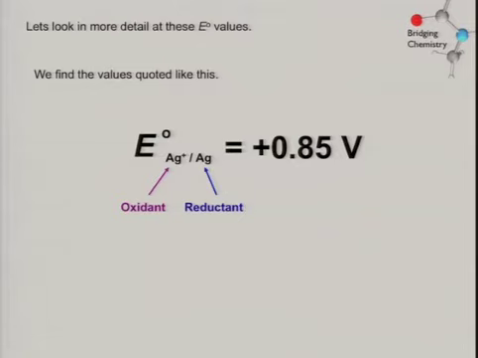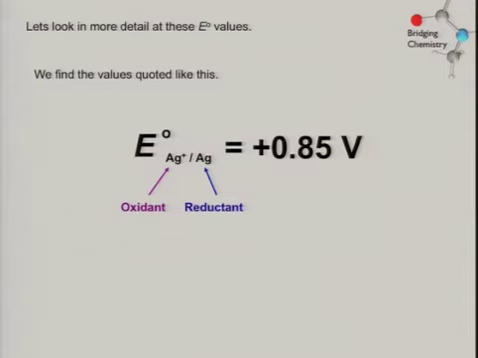And if that was the case, then the silver would be the reductant. It would be the thing that enables the other thing to gain electrons because the silver itself is losing the electrons and turning into silver plus. And so we call the silver plus the oxidant and we call the Ag metal the reductant, even though you wouldn't call it the reductant in the reaction of Ag plus going to Ag.